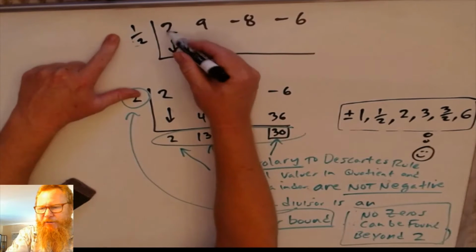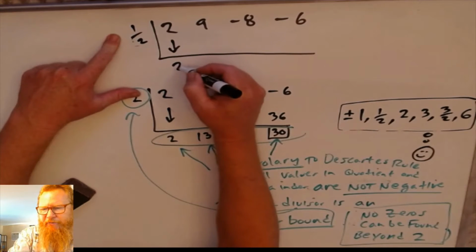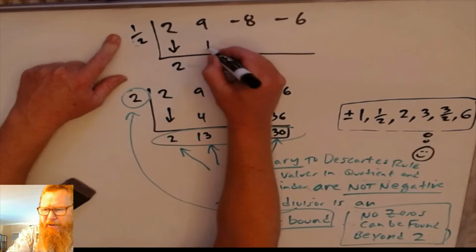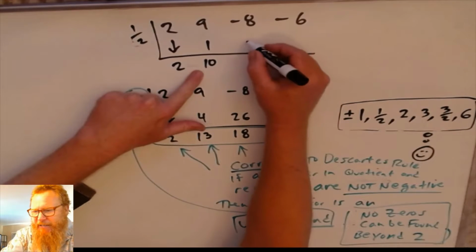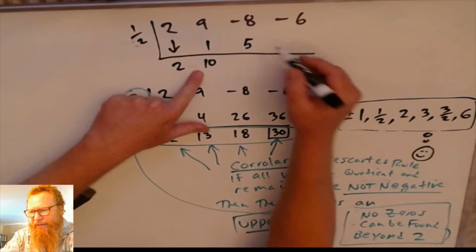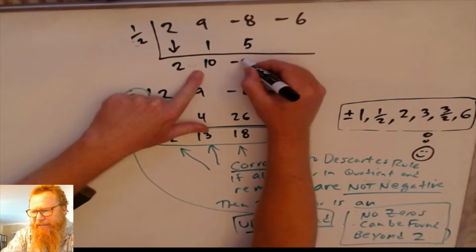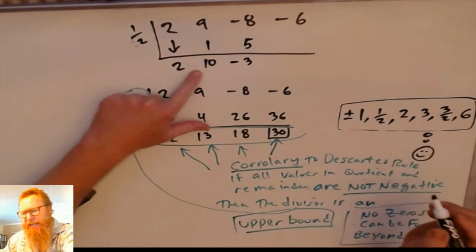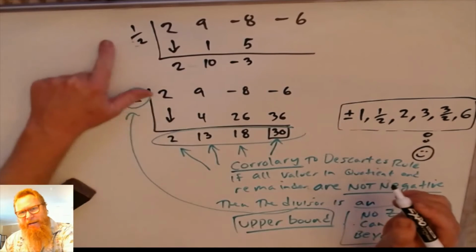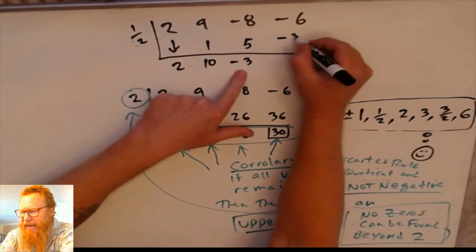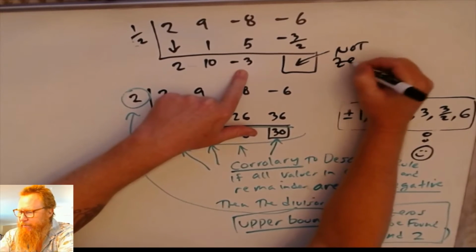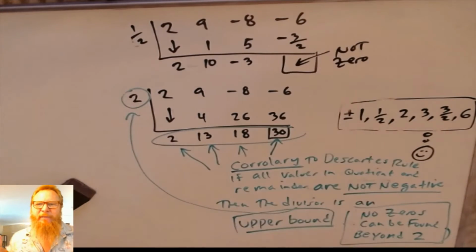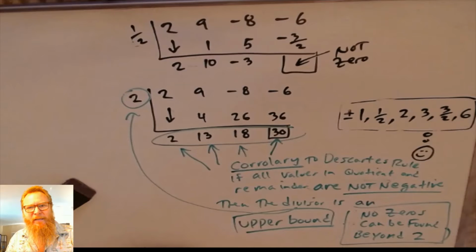So 2 times a half is 1. 9 plus 1 is 10. A half times 10 is 5. Negative 8 and 5 is negative 3. Nah, look, a half times negative 3 is negative 3 halves. I'm just going to say not 0. I'm not going to spend a bunch of time trying to calculate that because I know that it's not 0.